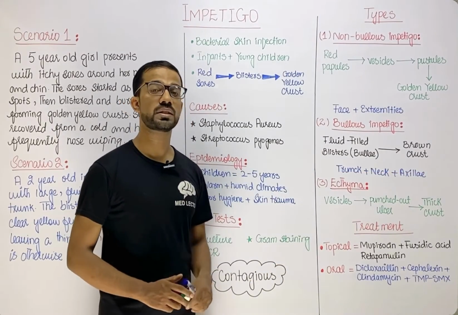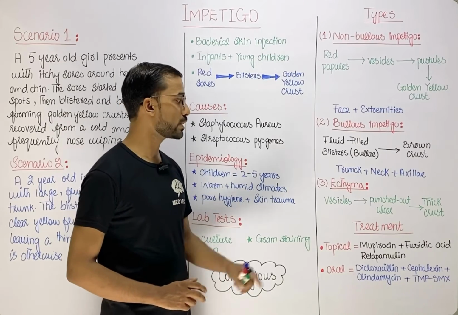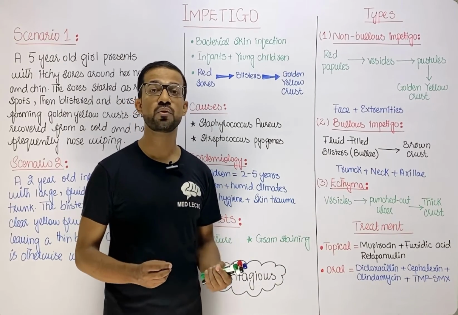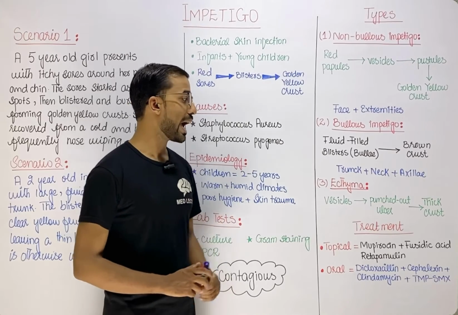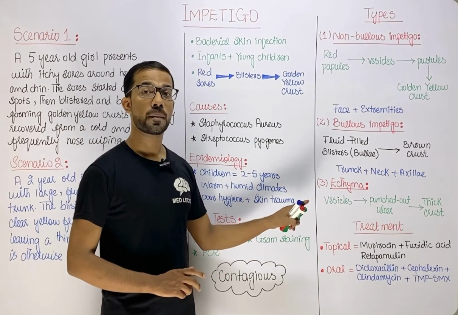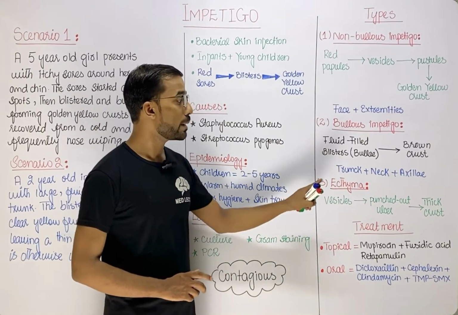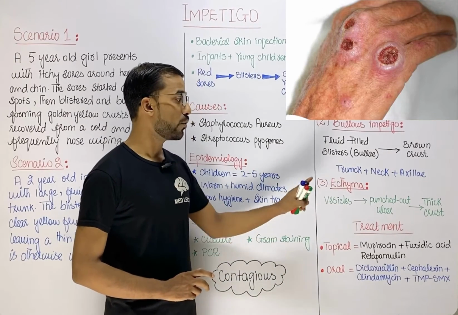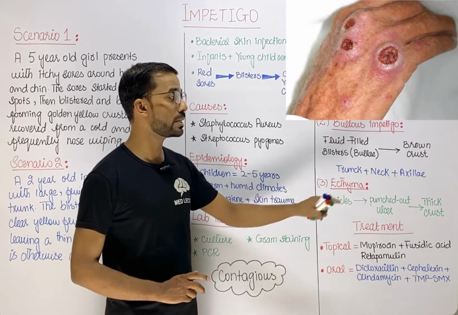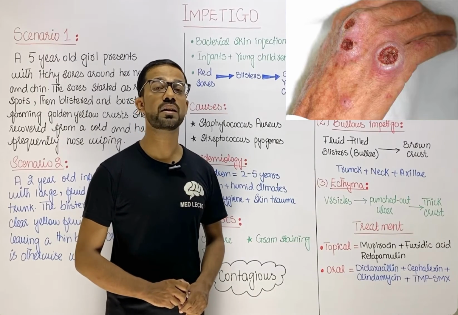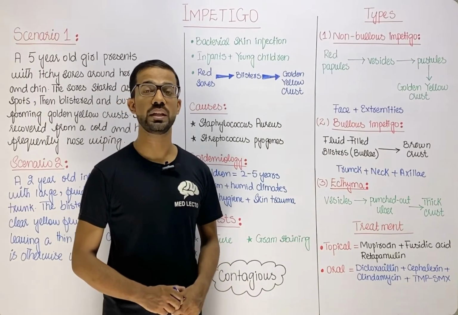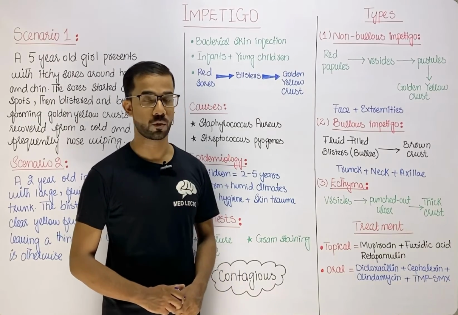Ecthyma is the third one, and in that case you will see the formation of vesicles. In the vesicles you will see the presence of serous fluid. When the vesicles burst or rupture, punched out ulcers form, and after the ulcer stage, you will see the presence of a thick crust at that site. So here are the different stages of the different types of impetigo.